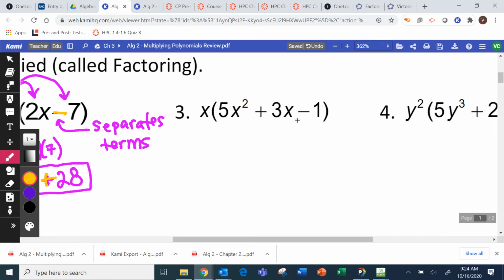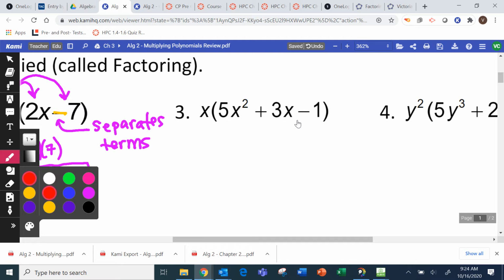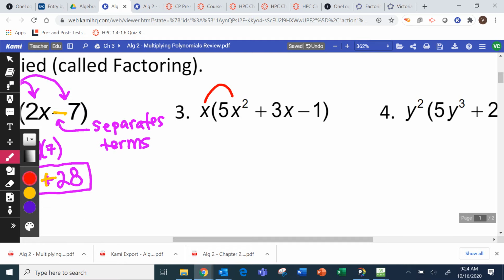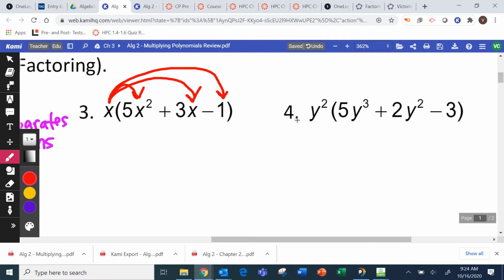Okay? All right, the next one. So this I had written on the board, but I erased it so I could pull this screen up. So this next one, we are distributing an x. When I multiply by x, I'm going to do this very first term here. When I multiply by x, this is the same thing as taking x multiplied by 5 times x times x.